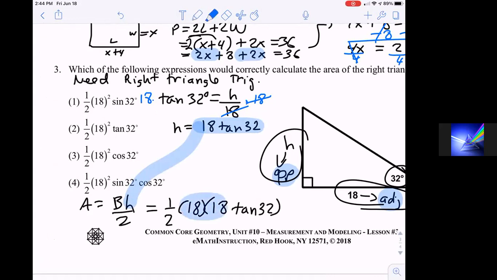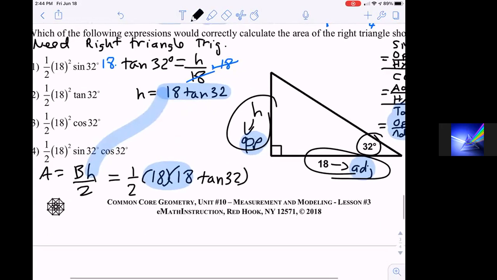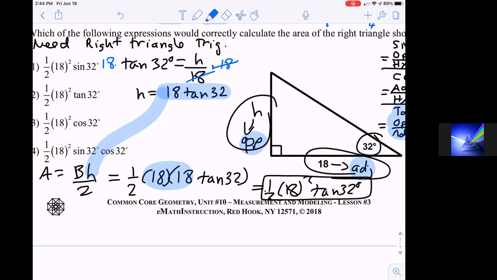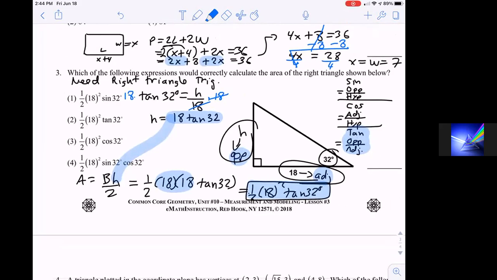And you can see we're going 18 times 18, or 18 squared. So 1/2 times 18 squared times the tangent of 32 degrees, which looks like it's option 2.